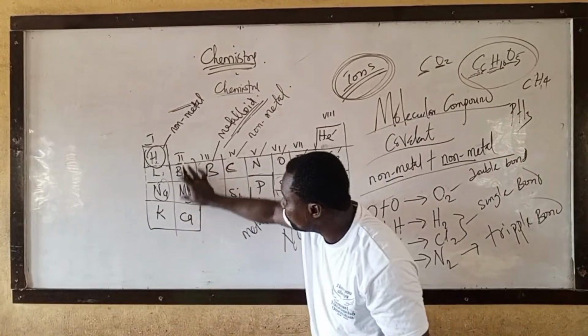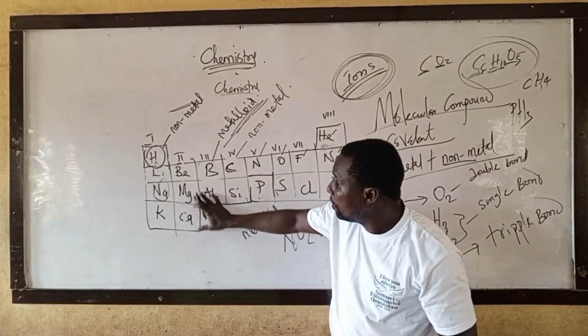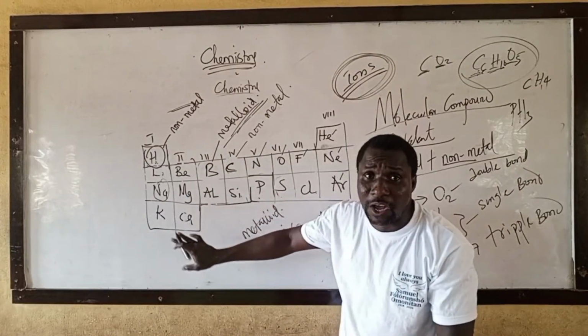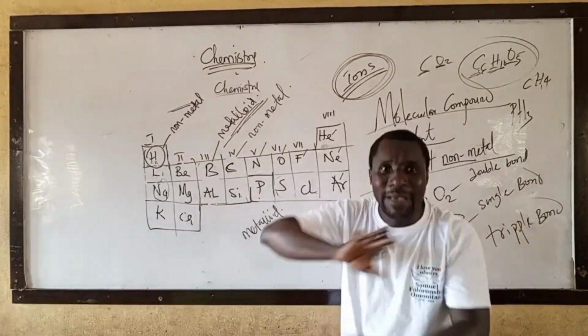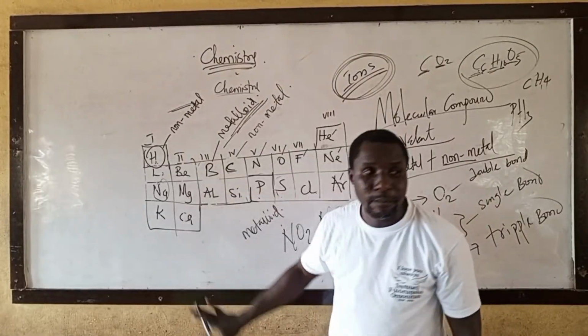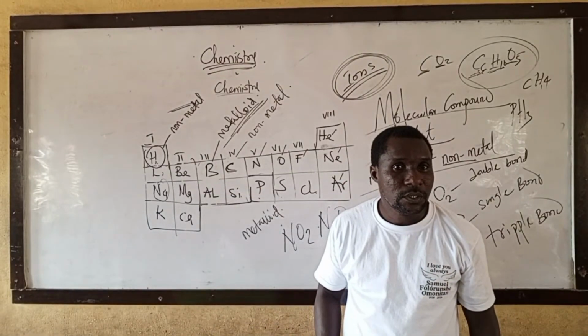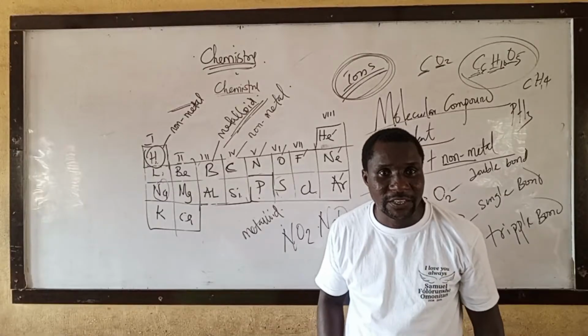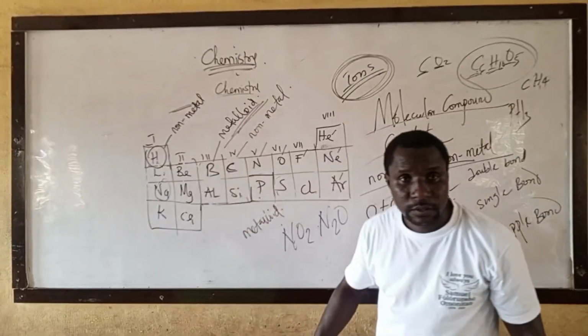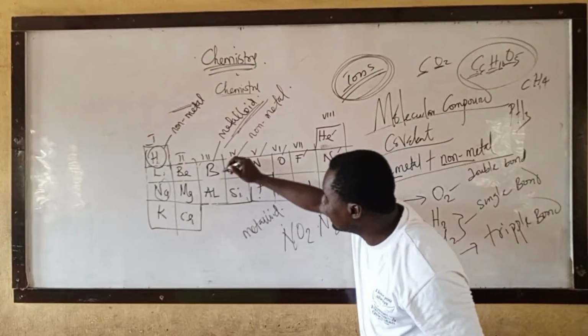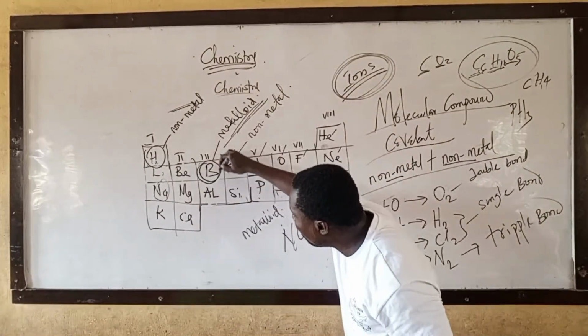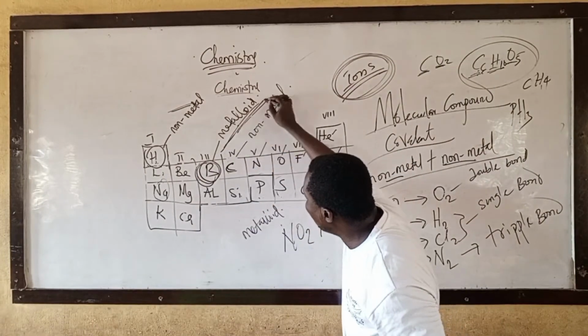Anything you see in group 1, they are metals, except hydrogen. Then group 2: beryllium, magnesium, calcium, strontium, they are all metals. Group 3, they are all metals except boron.